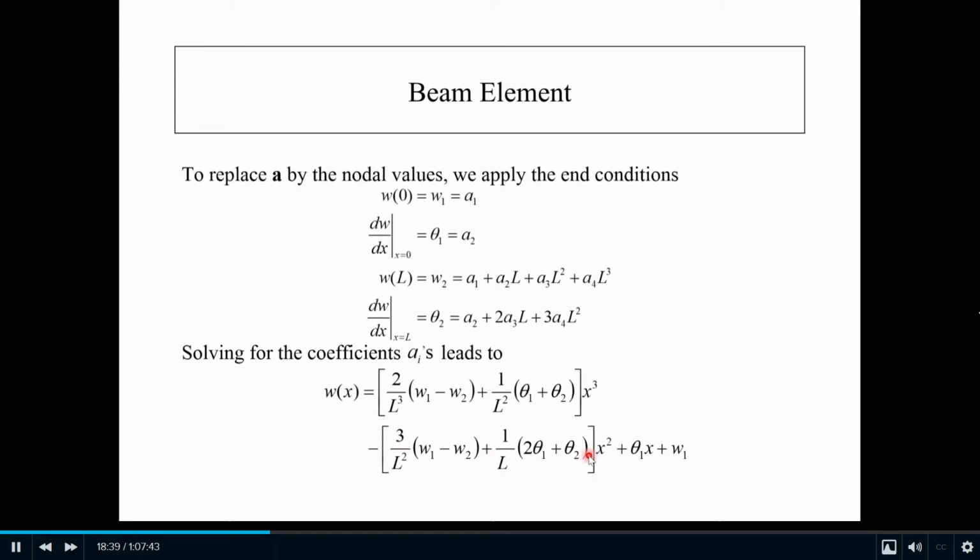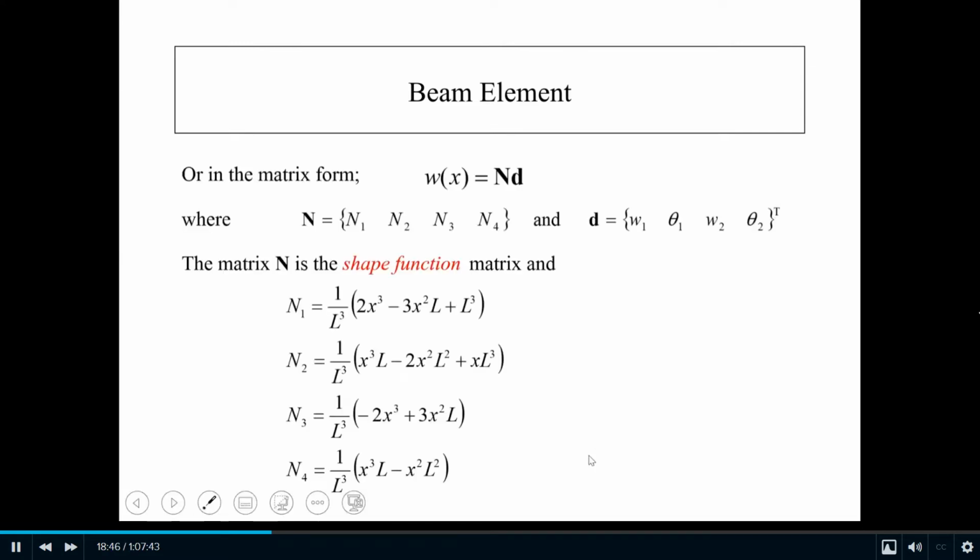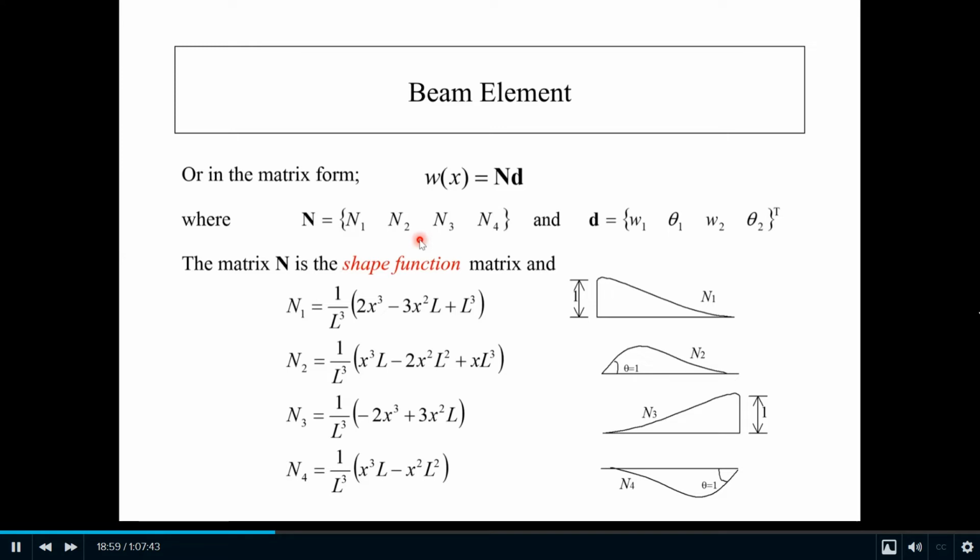After you rewrite this equation again, you would have the shape function matrix like this: N1, N2, N3, and N4. All of these shape functions are cubic functions, defined by polynomials of order 3. It has to be like that because your deflection approximation W is a cubic approximation, so it's going to be a cubic function like this.